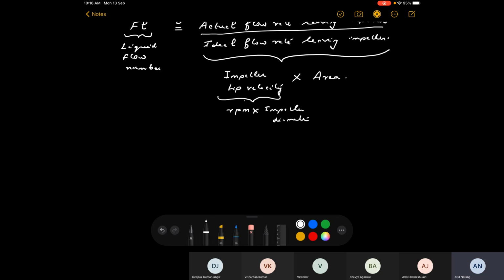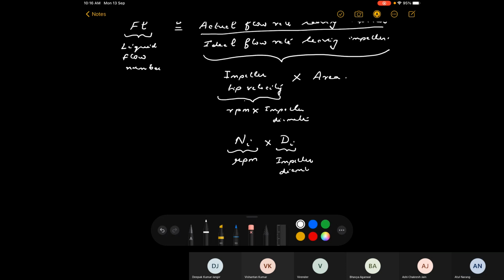So the RPM is denoted by N sub I, which has units of revolutions per minute or revolutions per second. And the impeller diameter is DI.